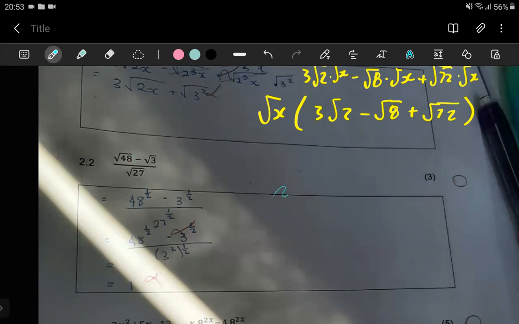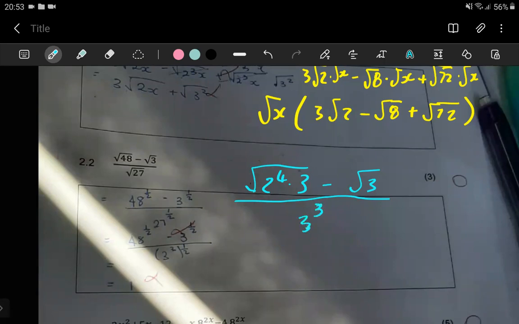So here we're going to have square root of 2 to the power 4 and then 3, minus square root of 3, and then 27. You're going to have 27, equal to, and then shift fact. You have 3 to the power 3, right?